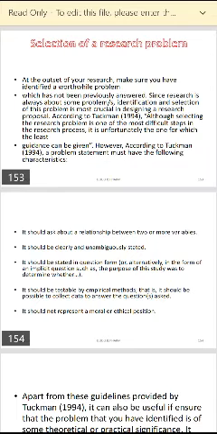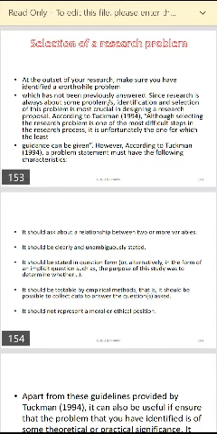According to Tuckman, 1994, although selecting the research problem is one of the most difficult steps in the research process, it is unfortunately the one for which the least guidance can be given. However, according to Tuckman 1994, a problem statement must have the following characteristics.